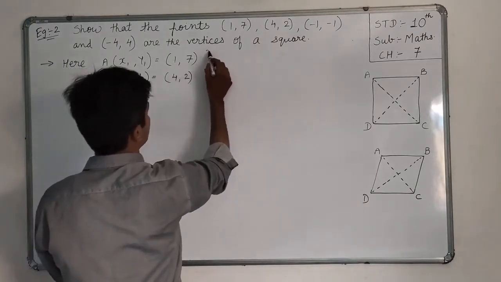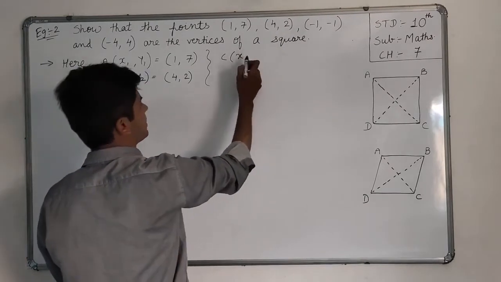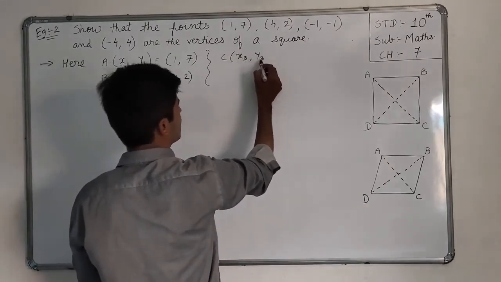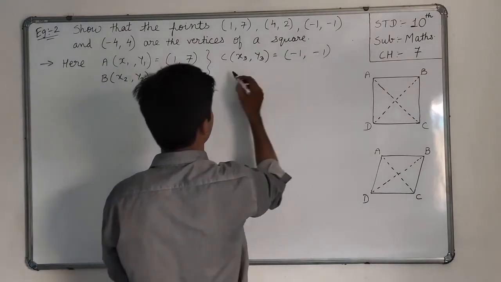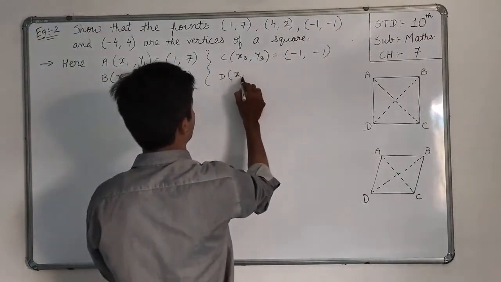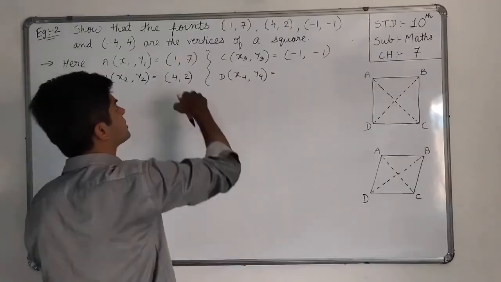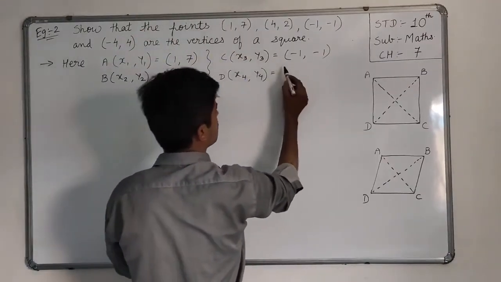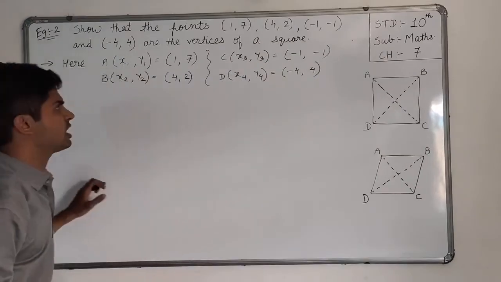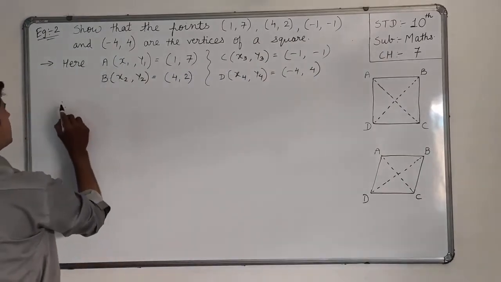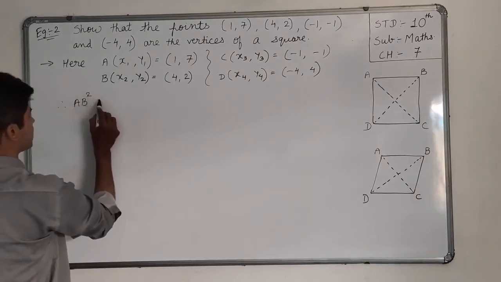C is (x3, y3) = (-1, -1). D is (x4, y4) = (-4, 4). Understood?